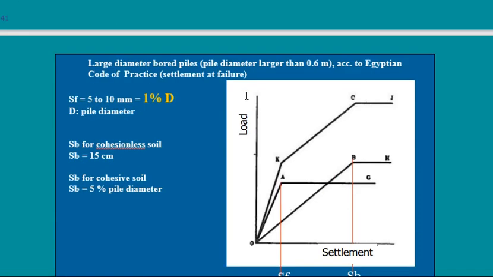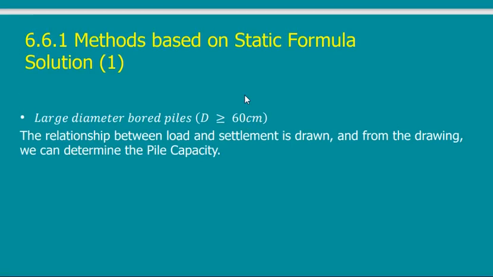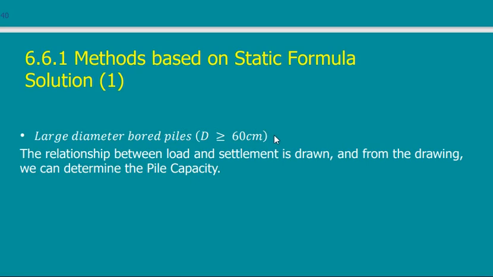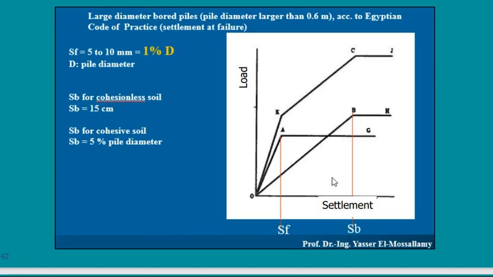It is for piles with a diameter equal to or more than 60 centimeters, and it depends on drawing charts and getting values from the charts to solve the problem.